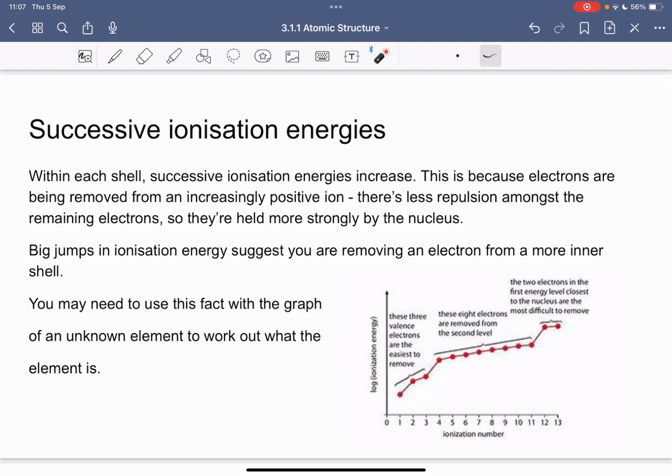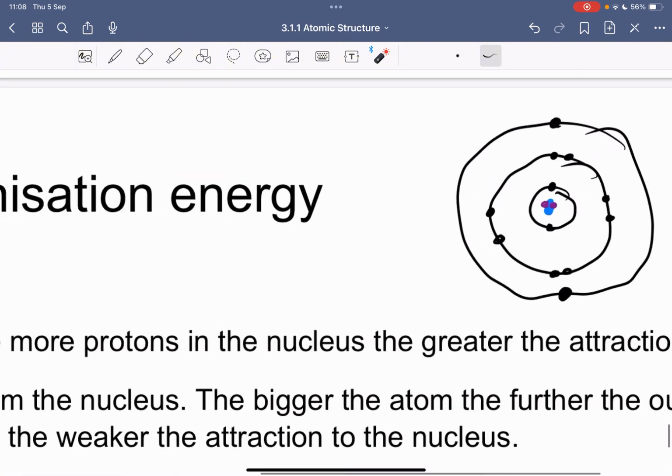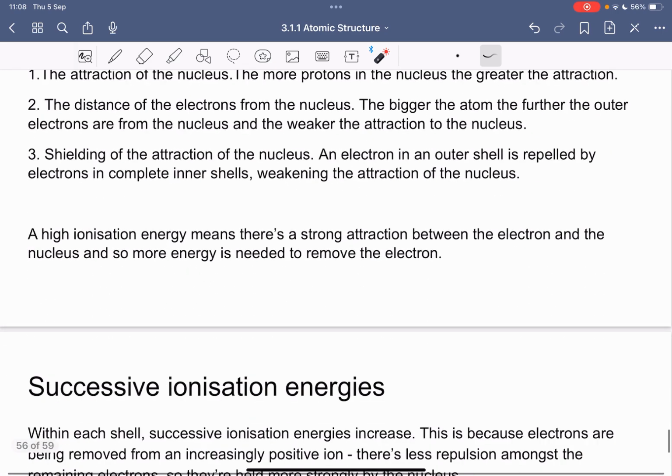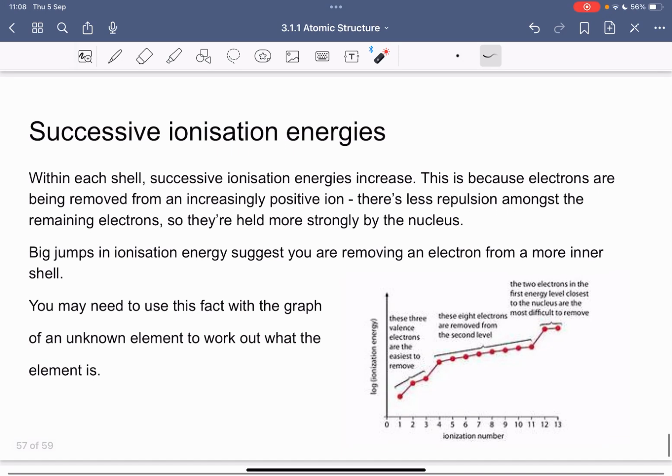Successive ionization energies. Within each shell, successive ionization energies increase. Basically what that means is, if I remove something from here compared to here, this one is harder to remove. Now the reason is you're removing it from a more positive ion.